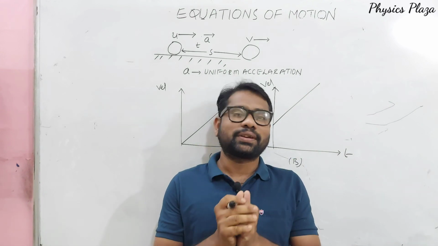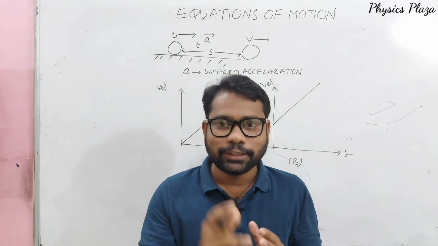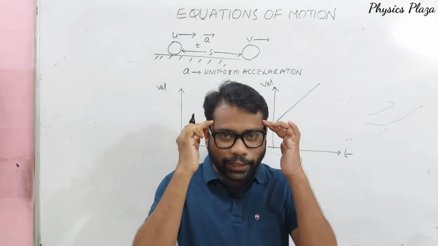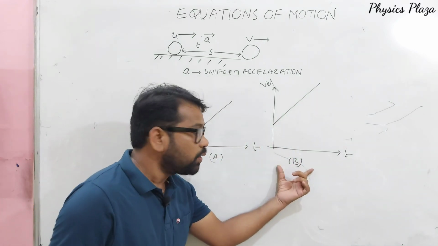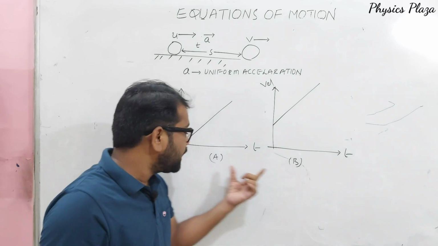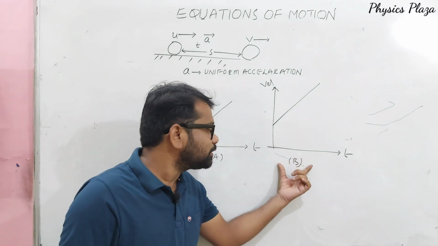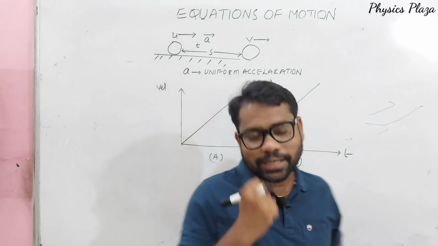But what is the difference, dear children? Pause the video first, think and comment your answer. What is the difference between graph A and graph B? Let me tell you.